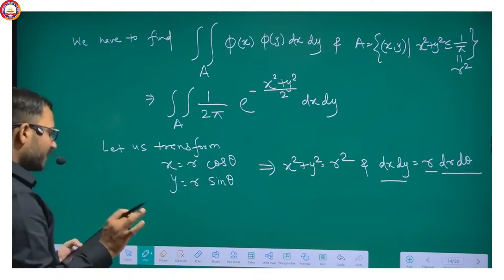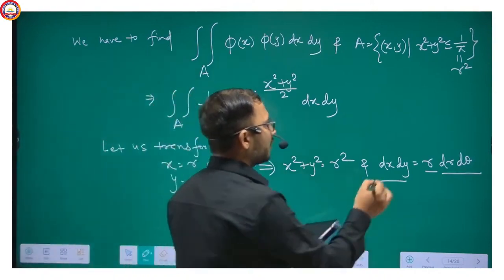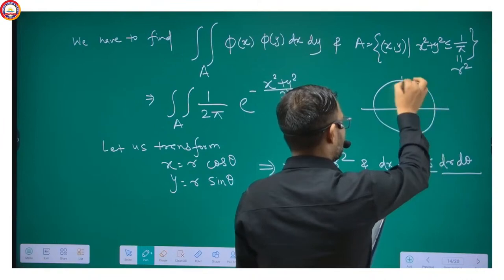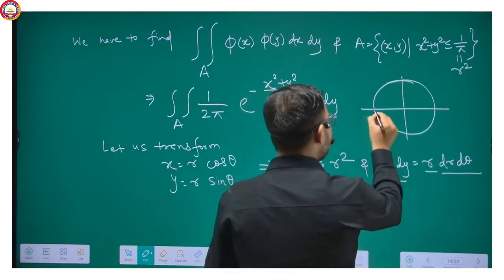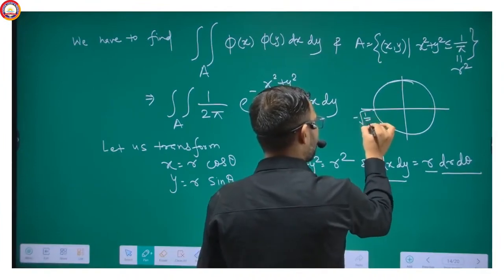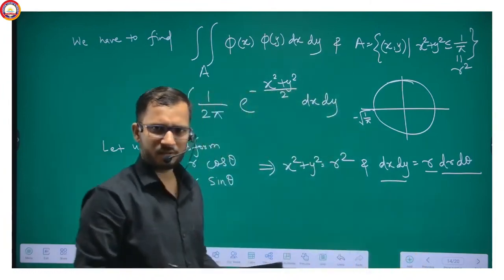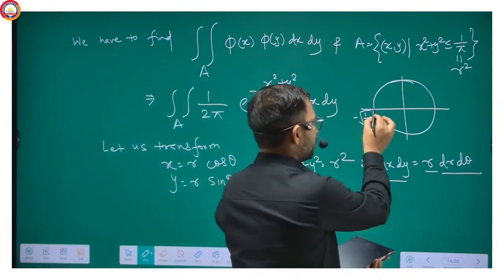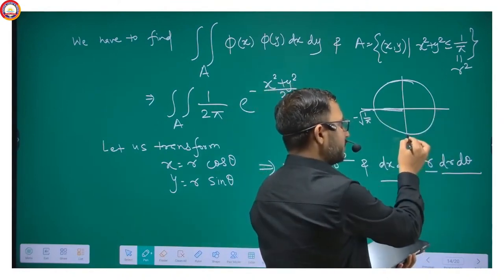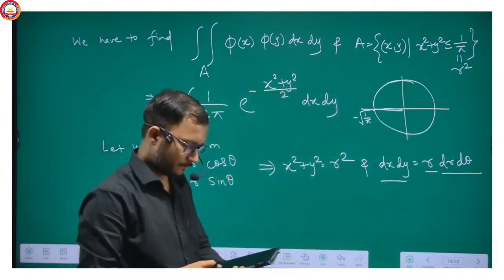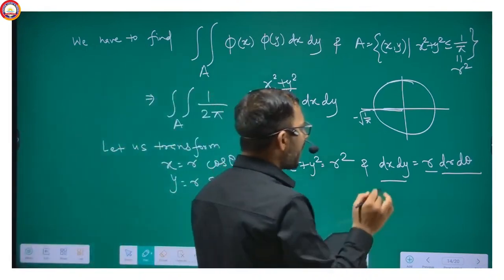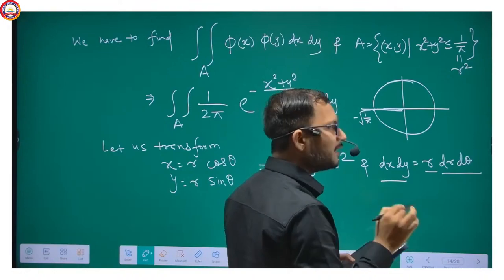Now, if I draw the graph, this point is minus root under 1 by pi, this is 1 by root pi, this is minus 1 by root pi, and this is also 1 by root pi. But what is the range of r?